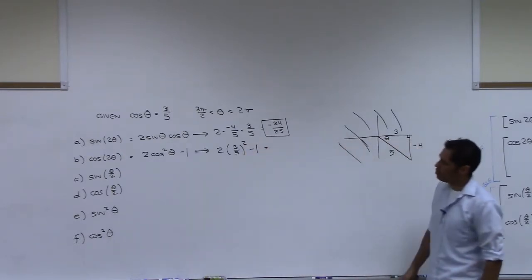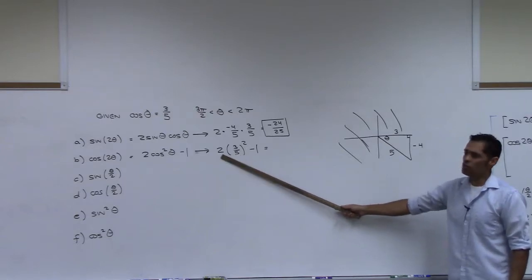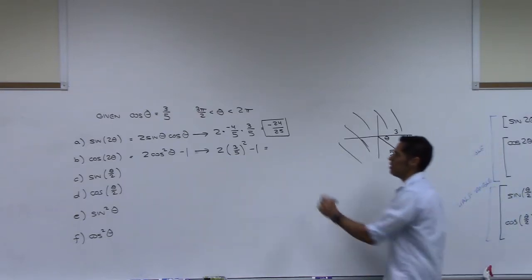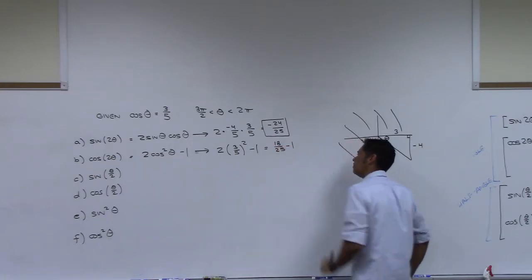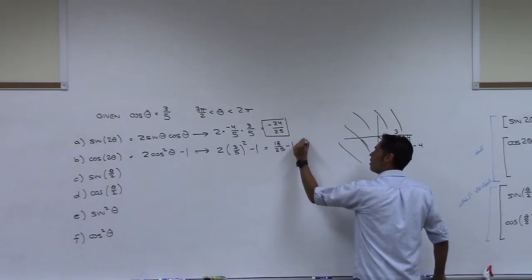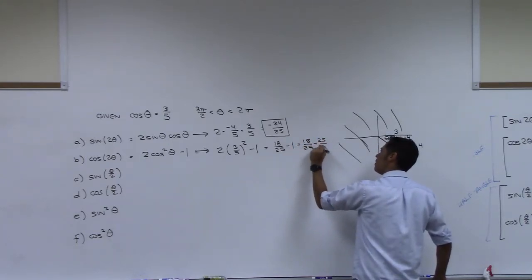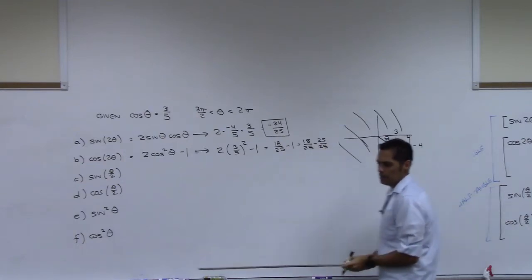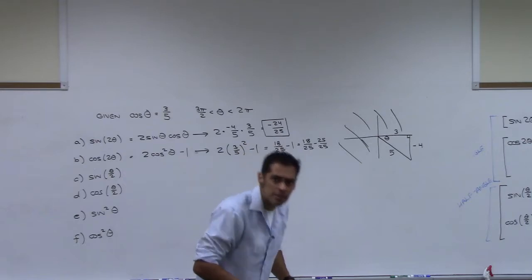Let's make sure we do order of operations correctly here. 3/5 squared is 9/25, times 2 is 18/25. Minus 1, get a common denominator: 18/25 minus 25/25. We should get -7 over 25.